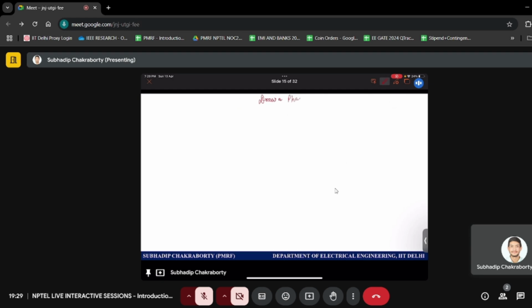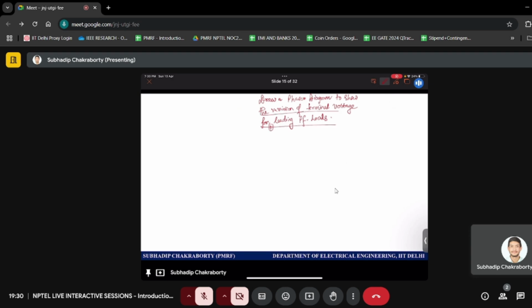Draw a phasor diagram to show the variation of terminal voltage for leading power factor loads. Obviously with respect to secondary, right?